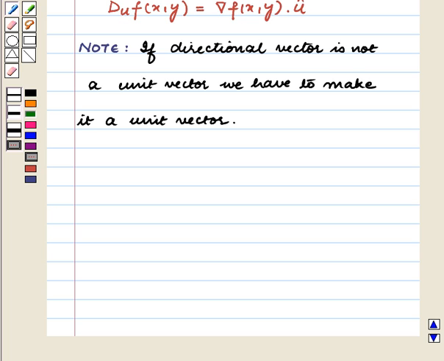If directional vector is not a unit vector, we have to make it a unit vector by dividing it by its norm.